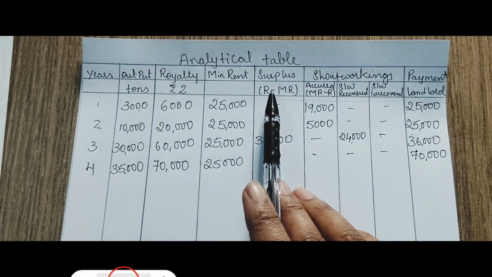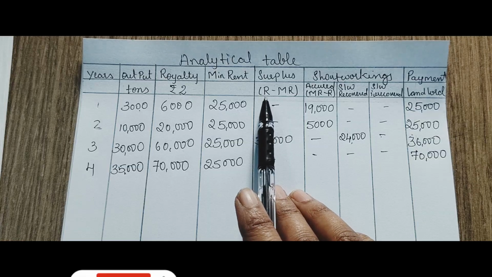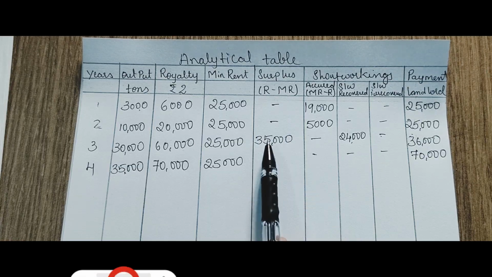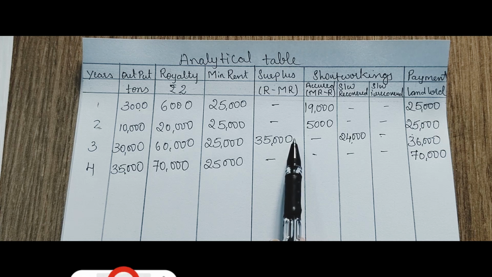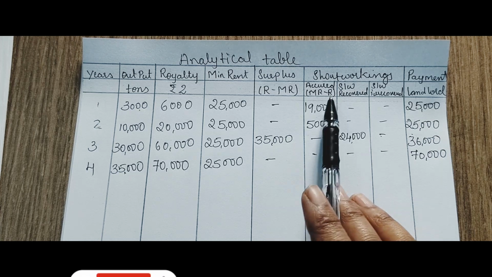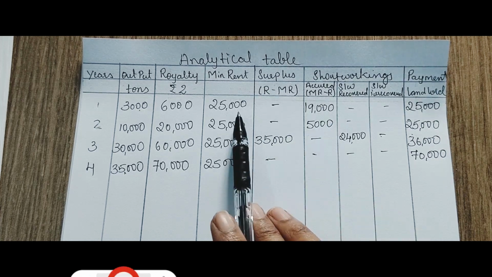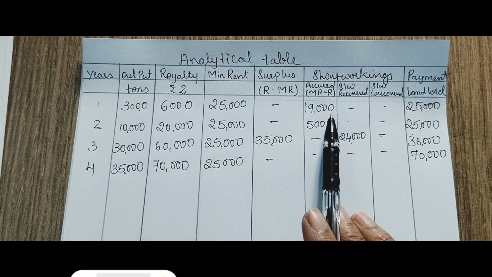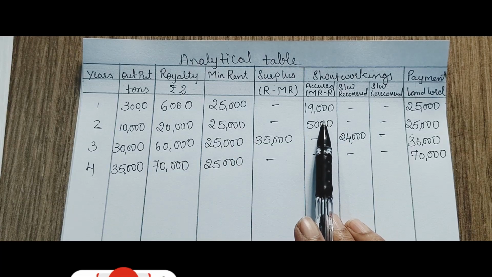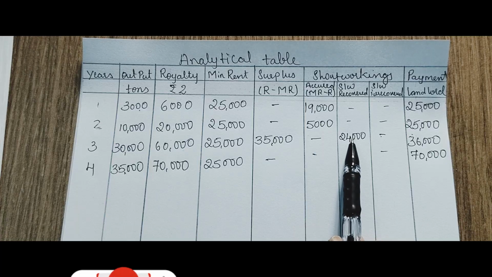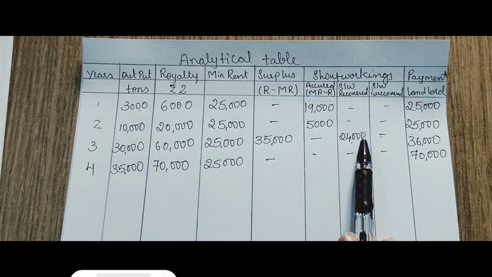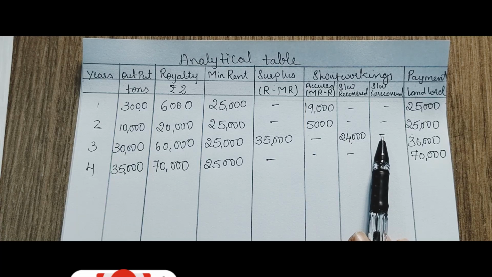It is called surplus when the royalty is more than the minimum rent. And surplus is recorded only up to the years of recovery. Then short working occurs when your minimum rent is more than the royalty, and you can recover whatever occurred within the specified period of time, and whatever amount is irrecovered will be shown in the irrecovered column.